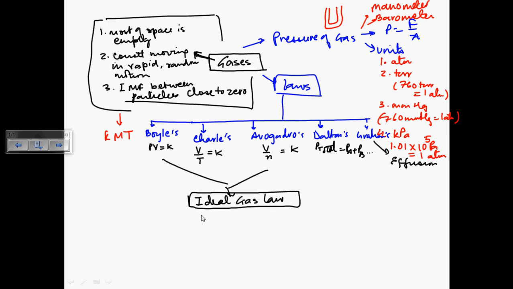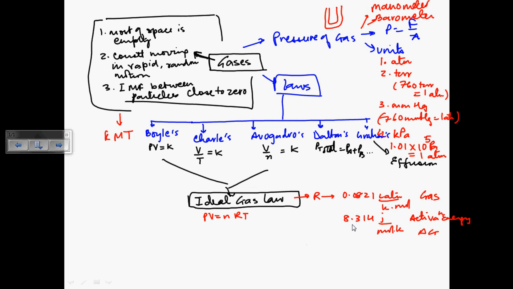Ideal gas law is PV = nRT. And it uses R, the universal gas constant, and its value is 0.0821 liter atmosphere per Kelvin mole, which we use in terms of gases, or we use 8.314 joules per mole Kelvin, and we use it wherever energy is used, like activation energy, Gibbs free energy, and all of those.